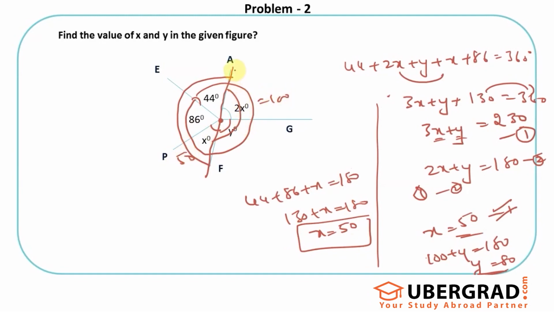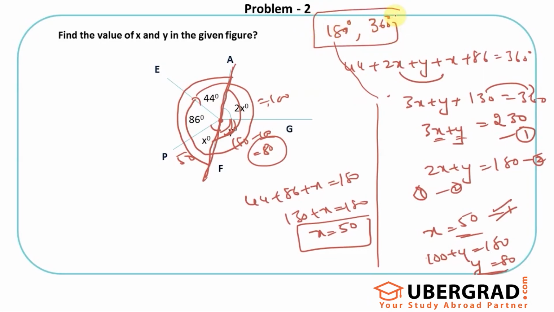So I just need to do straight line AF. 100 plus this has to be 180 minus 100. So Y is 80. You know, it's easier to do in this way than this algebraic approach. But yeah, whatever suits you. But make sure that you use the concept that the sum of angles in a straight line is 180 degrees, around a point is 360 degrees. All of these are useful points, axioms to remember and use.